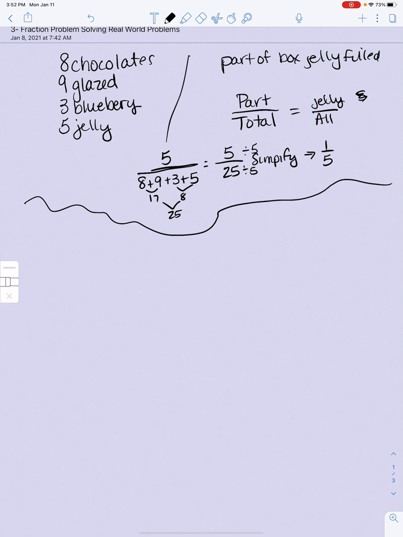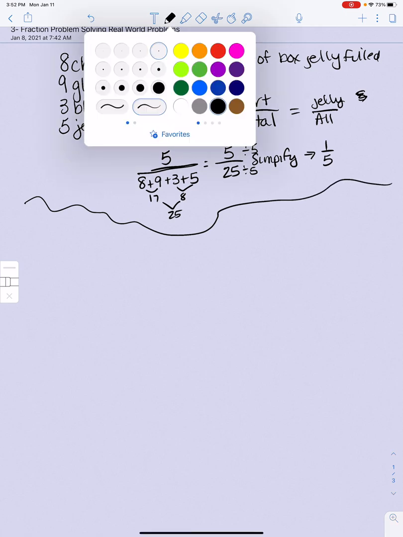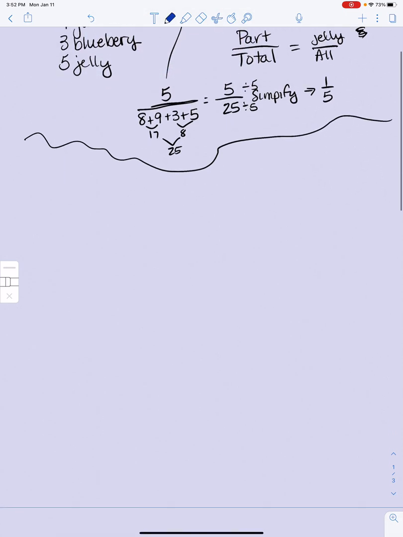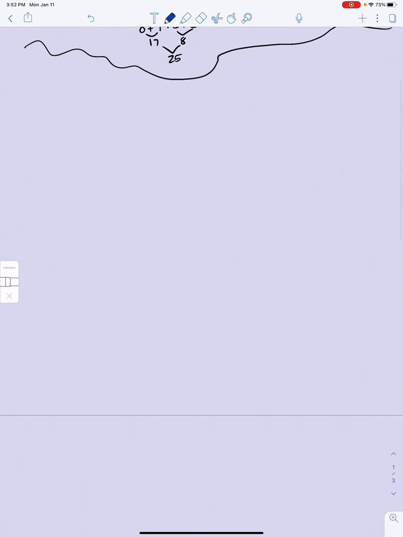All right, let's go to our next problem. I'm going to change colors just so that it's a little easier to read. The second problem says, you are getting ready for a family vacation. Well, I hope one day. You decide to download as many movies as possible before leaving for the road trip.